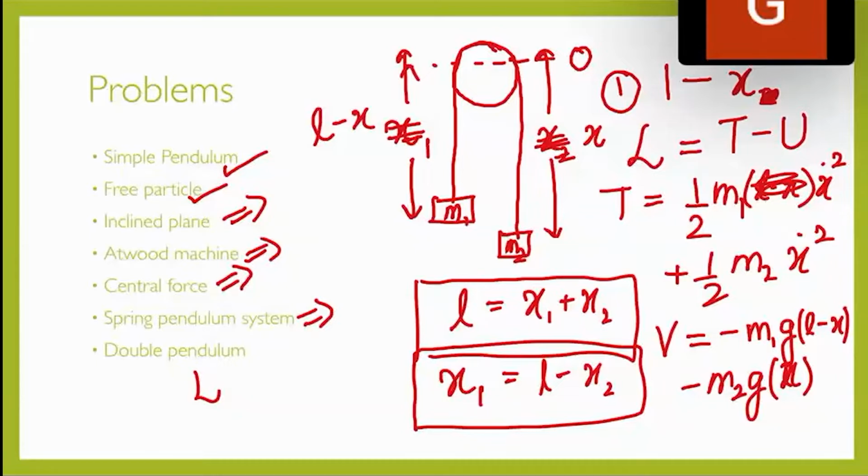What is a spring pendulum system? Instead of this inextensible string, I will be using a spring, and then a pendulum of mass M is attached. Now, how to handle this kind of system? Till now we have seen that the length is not varying.